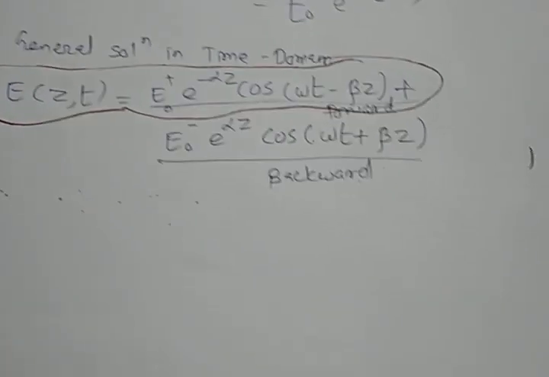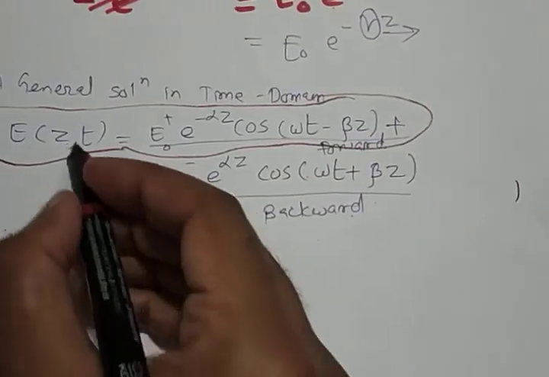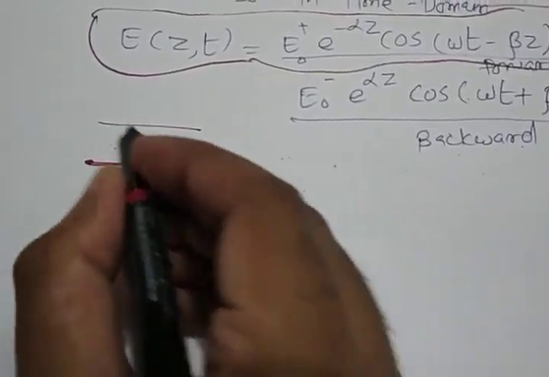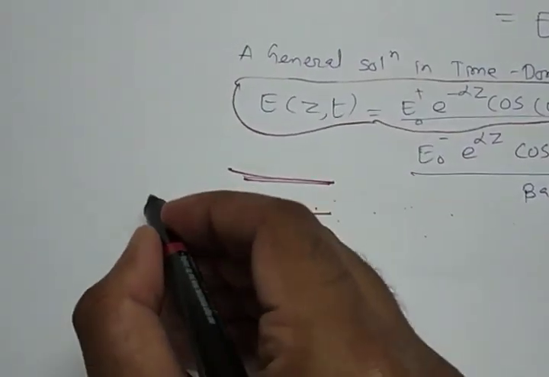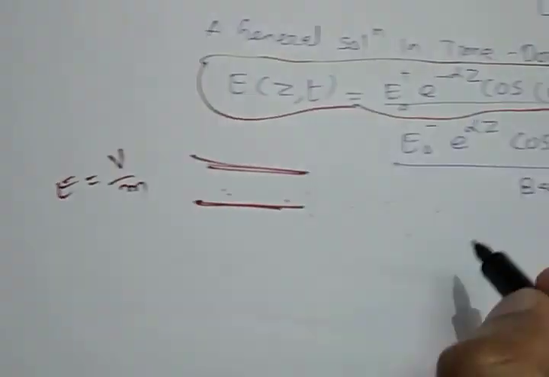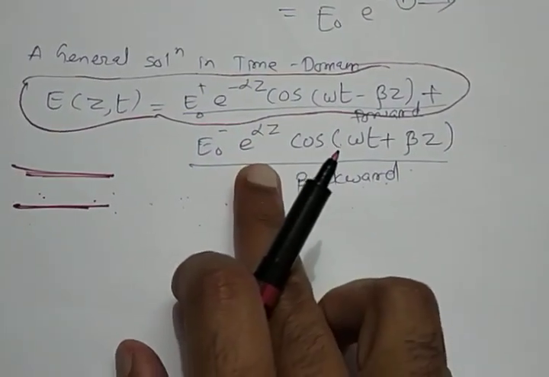Now same thing we can write for the voltage. What is the relation between E and V? For our transmission lines we are talking in terms of voltage, and here this E is nothing but volts per meter. So this expression we can write for the voltage.